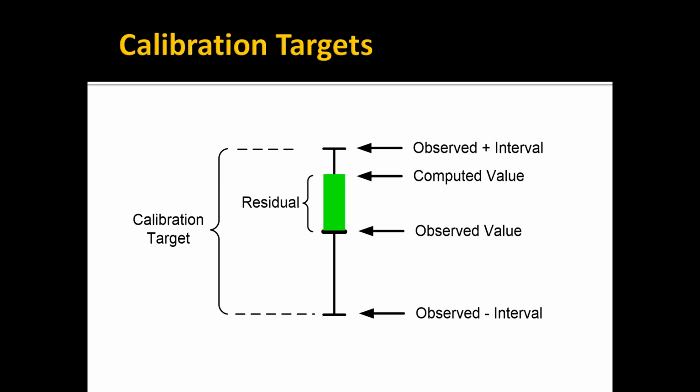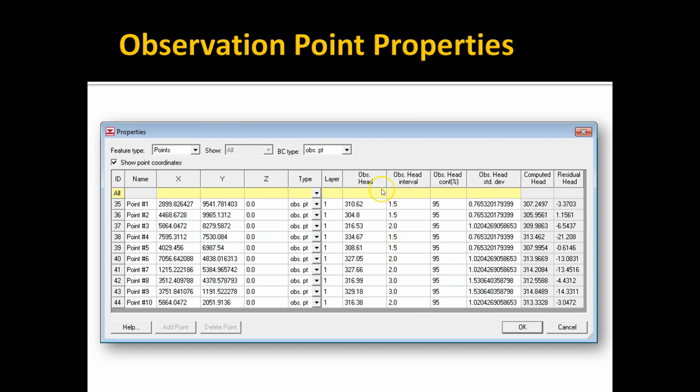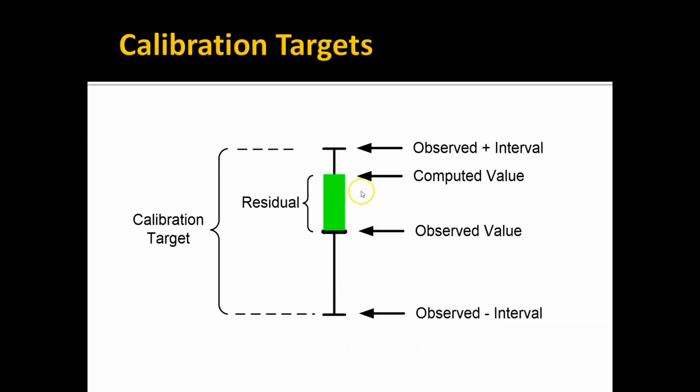That whisker plot, as we call it, the size of that is a function of the interval that you input right here. So let's suppose this was 2 meters, then this would be plus 2 meters and minus 2 meters, so a 4 meter range. And whether you have a negative or positive residual, it would be within that range.